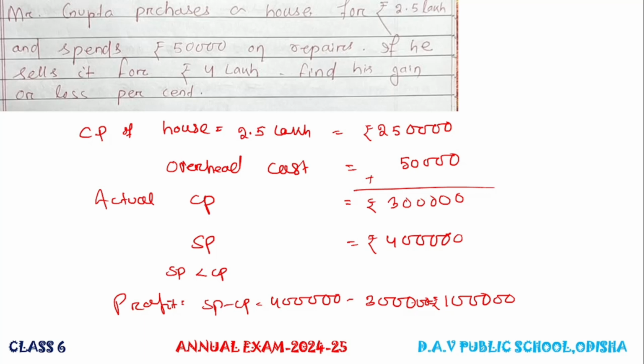Now find the profit percent or loss percent. So profit percent equals 1 lakh divided by actual CP, that is 3 lakh, into 100. So the zeros cancel. 100 by 3, that is 33 whole 1 by 3 percent. Okay. Next question.